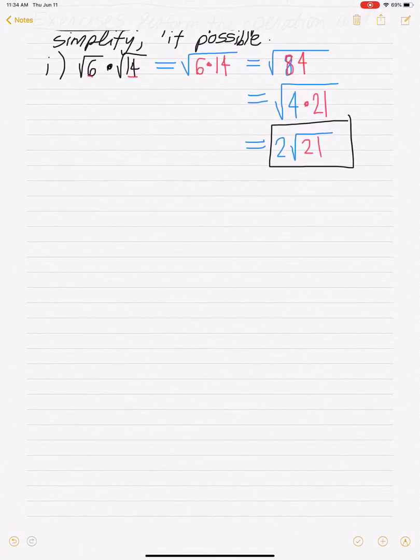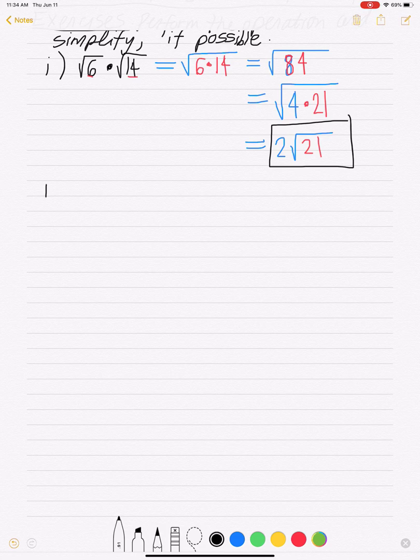Number 2. How about, let's do some cube roots. We haven't done any of those, have we? How about the cube root of 9 times the cube root of 6?